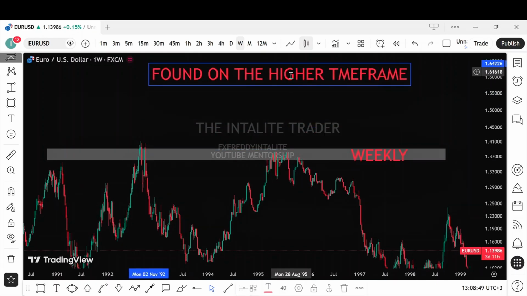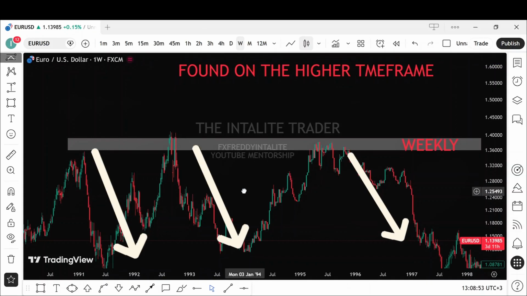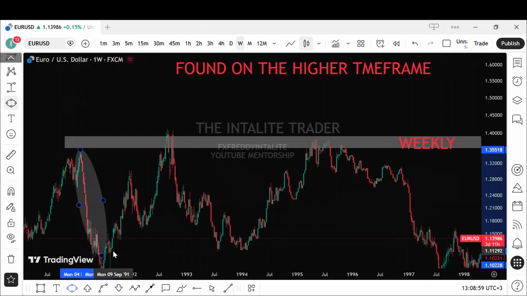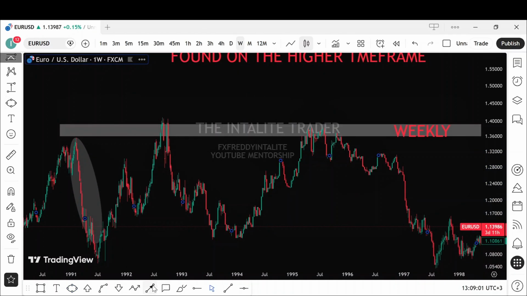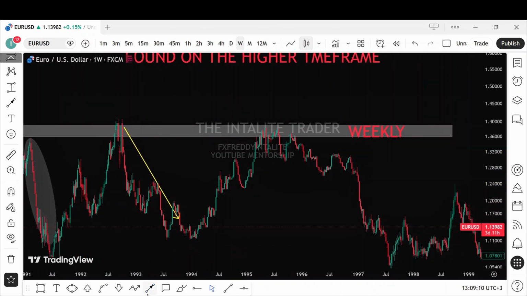Let me put them here. Then number two, we see each time price comes to the level, we have drastic reversals. Price trades away drastically. You see price comes into this level and drastically moves away.